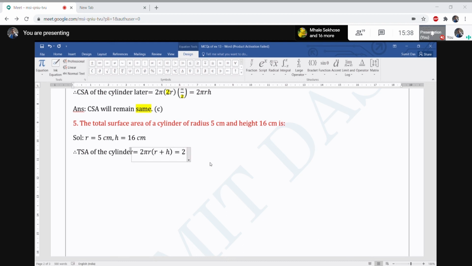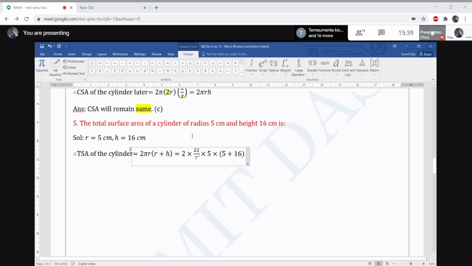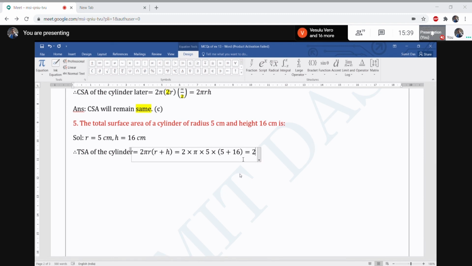Okay, so that is equal to 2, then 22 by 7, then r value is 5, then r is 5 plus 16. If you simplify, pi value here I can see in the option it remains pi, so better that. So it will be 2 into pi into 5 into 21.